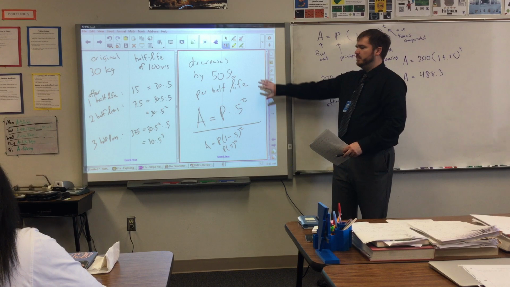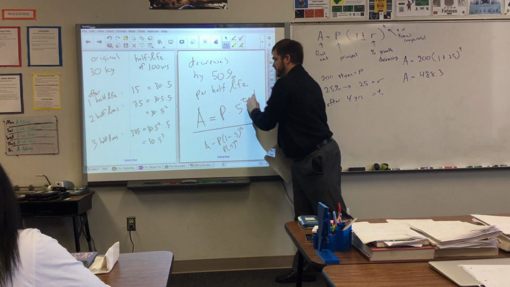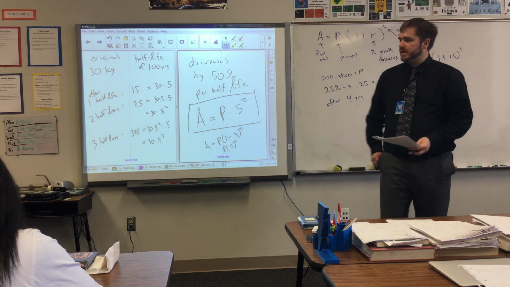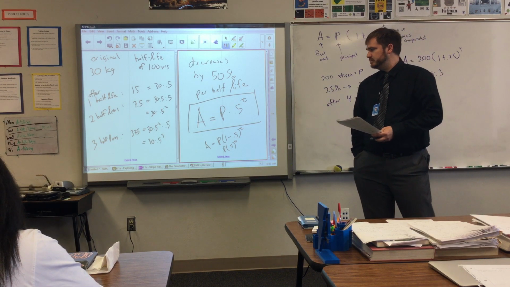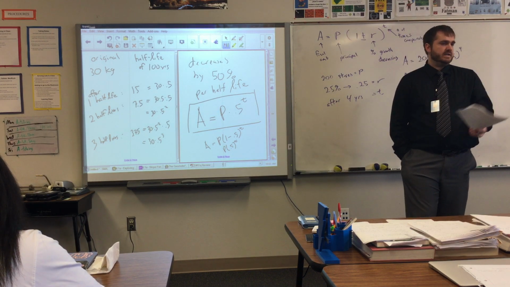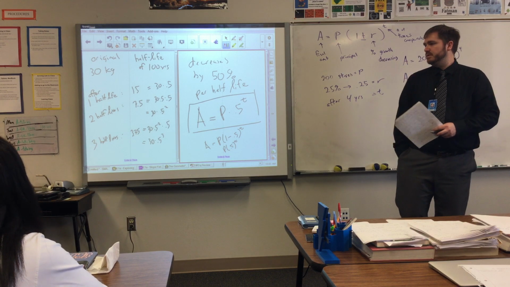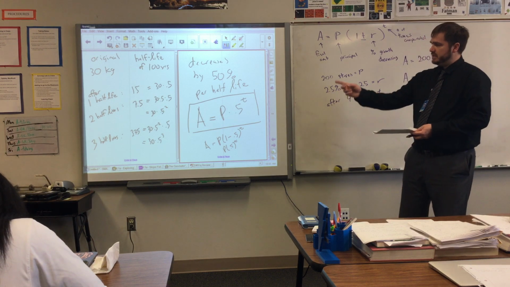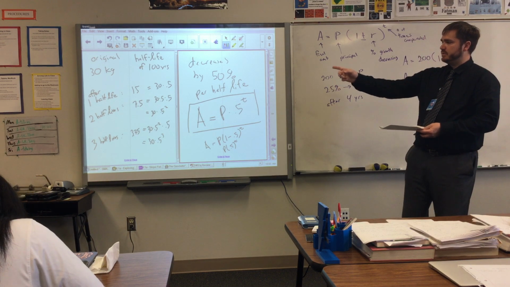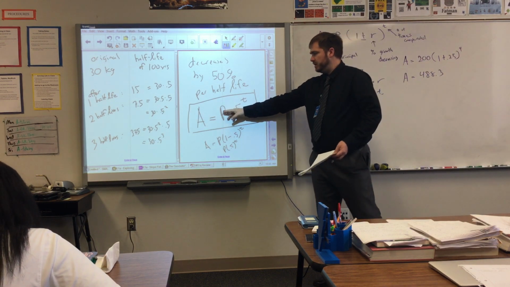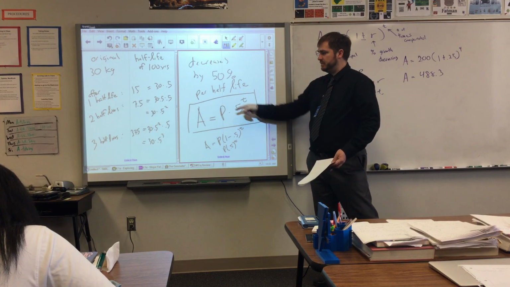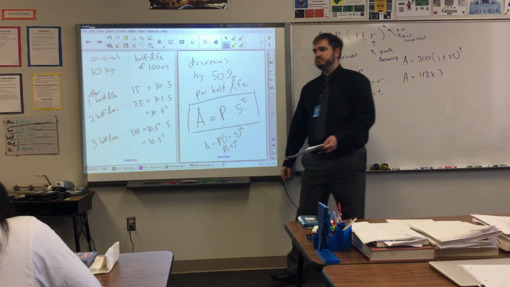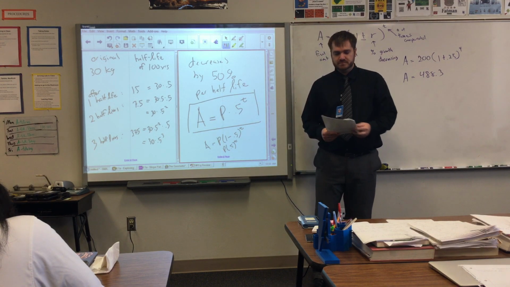But this is nice because you're going to see that on a lot of your homework problems. Half-life is always 50%. The principal would be 30 kilograms, so plug in 30 and 3 for the time and see if you get 3.75. Pretty sure you will.